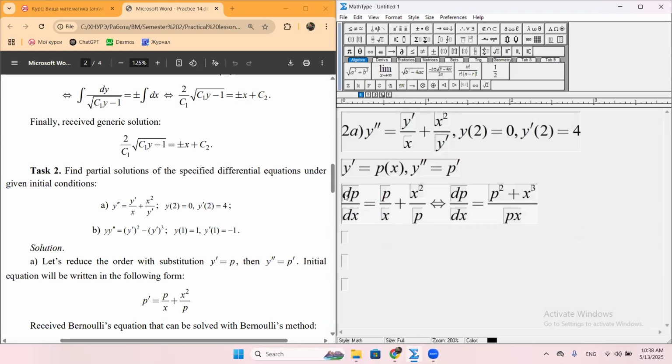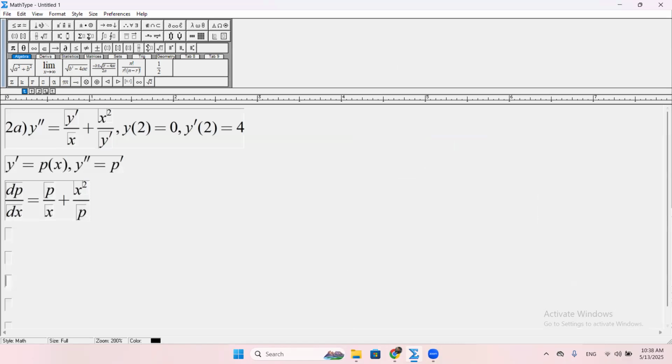Here the power of 1 for the derivative, power 1 for function p, and power -1 for function p here. So actually it could be any power but -1. So we will use Bernoulli's method to find the solution of this Bernoulli's equation.